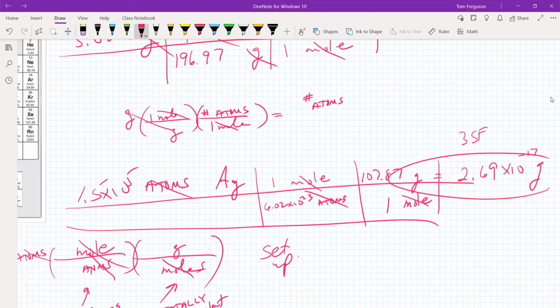So we have 1.5 times 10 to the 5th atoms. That's a lot of atoms. But look how little it weighs. That's 16 zeros in front of the 2 grams. That's how small atoms are.